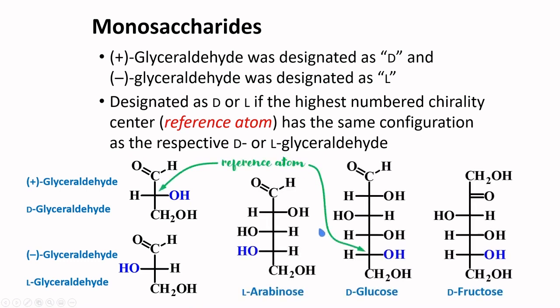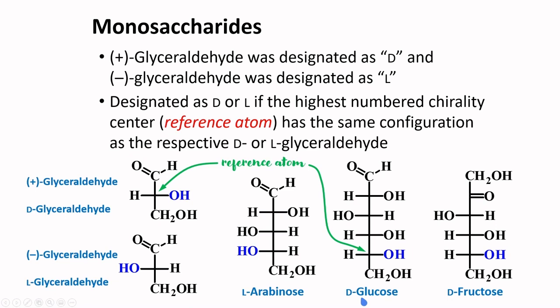Hence, for the case of glucose, the highest numbered chirality center is this one, C5. And we only need to look at the configuration or the position of the OH group with regards to D-glyceraldehyde. If they are identical, we can designate this compound as D-glucose.